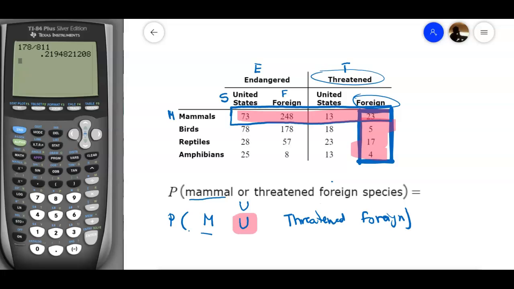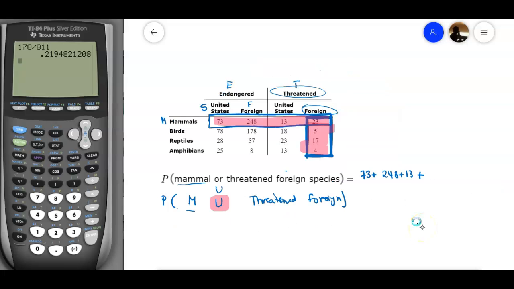If I do this by hand, it would be 73 plus 248 plus 13 plus 23 plus 5 plus 17 plus 4, divided by the total, which is 811 again.